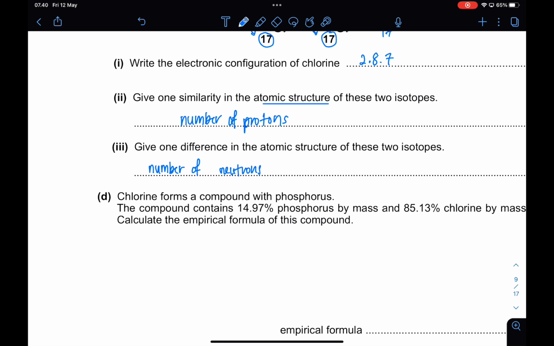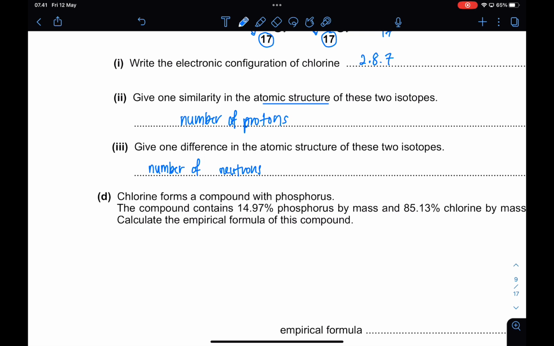Now, chlorine forms a compound with phosphorus. Chlorine is a non-metal, group 7. Is phosphorus going to be metal or non-metal? Non-metal, because it is in group 5 of the periodic table.